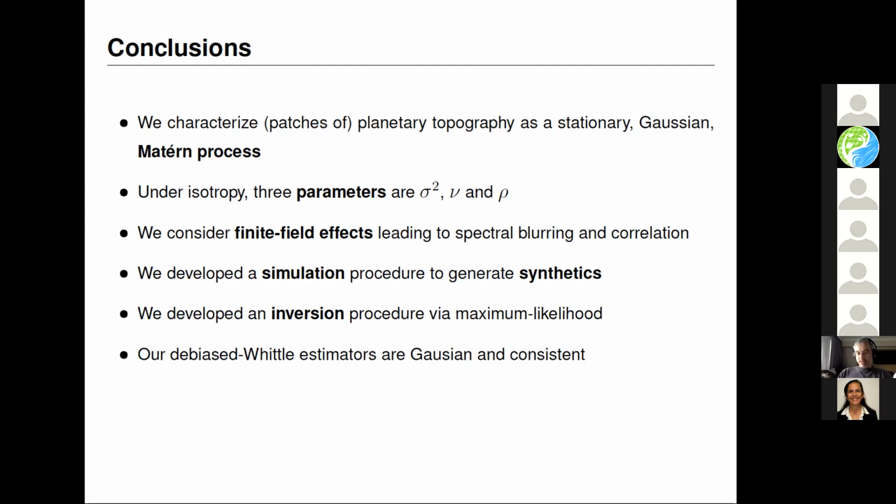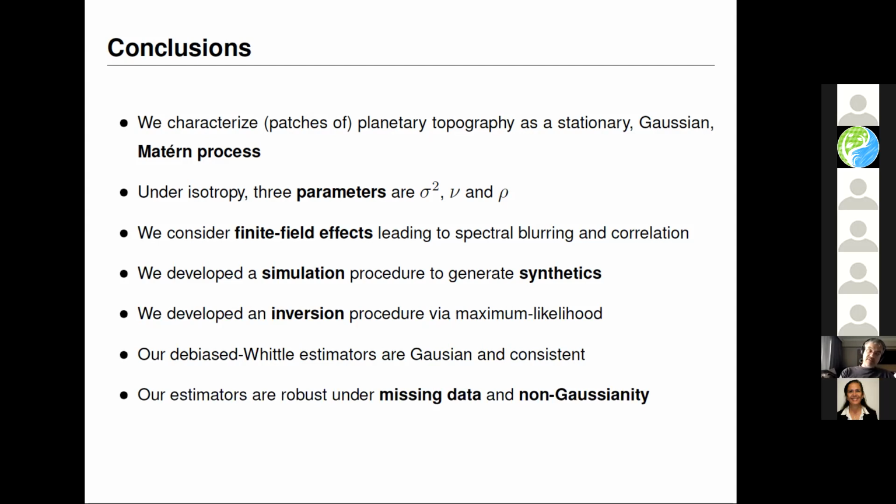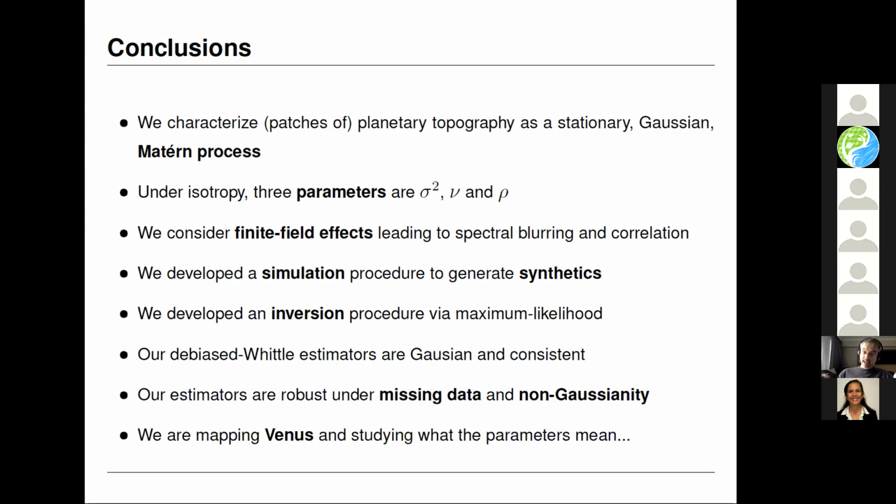There are lots of things to do, but in essence here, we were already preparing for the next step where we're going to deal more explicitly with different types of missing data depending on the area of application, and then explore non-Gaussian behavior, and other means of doing so.